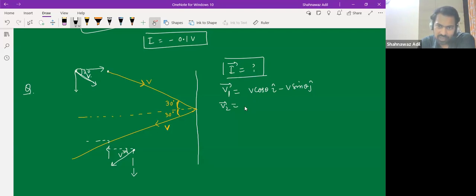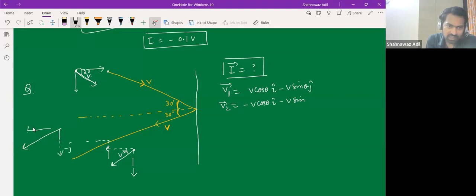Sir, same, but we have minus V cos theta i. Absolutely right, good one. So minus V cos theta i. The ball is going down, going like this, so it will have this component and this component. So this is minus j and this is minus i, correct? Yes, sir. So this is minus V sin theta j hat.